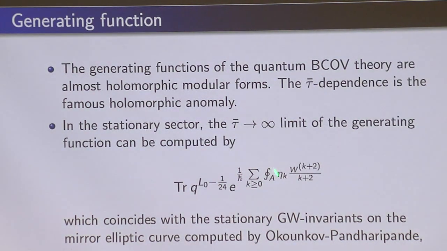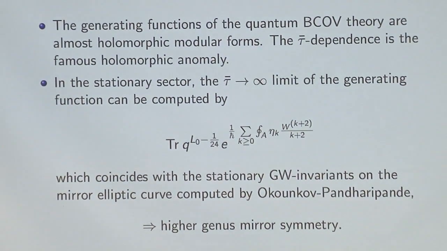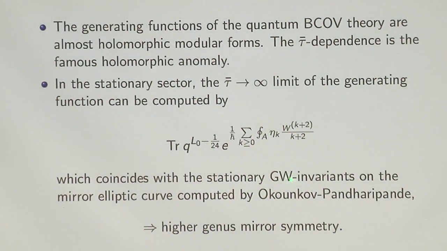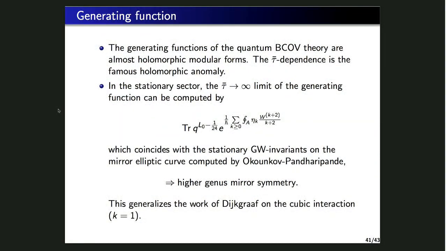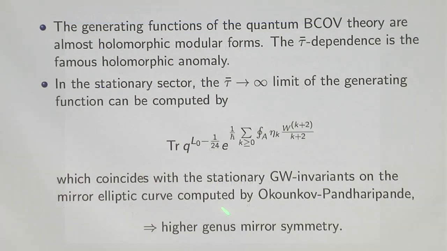It is generated by these Hamiltonian functions. And this exactly coincides with the stationary Gromov-Witten invariants on the mirror elliptic curve, which were computed by Okounkov and Pandharipande. So this mirror theorem in this example is basically a version of the Boson-Fermion correspondence.